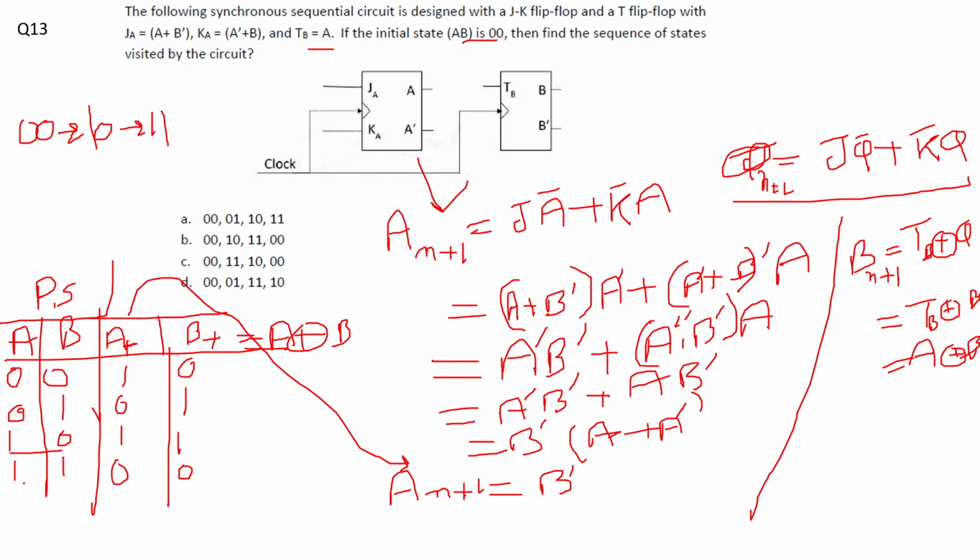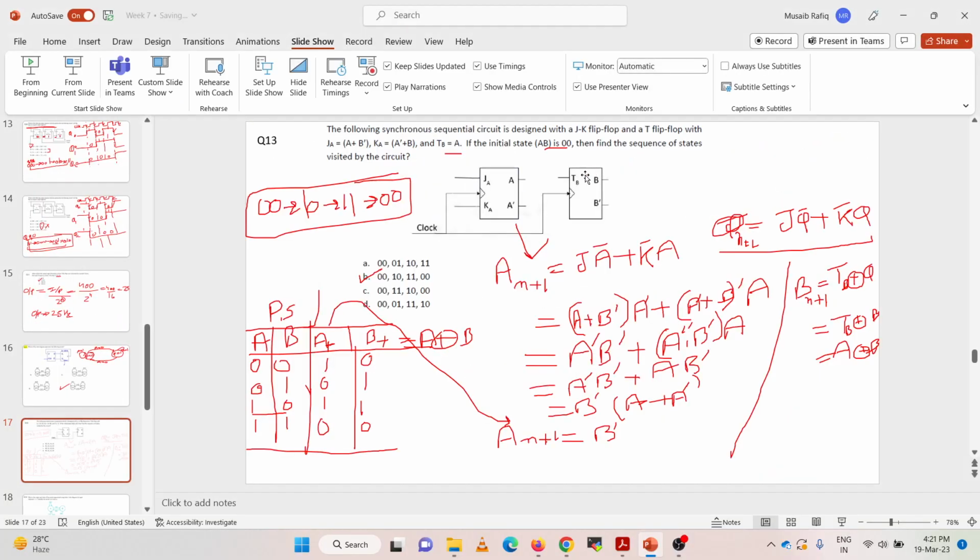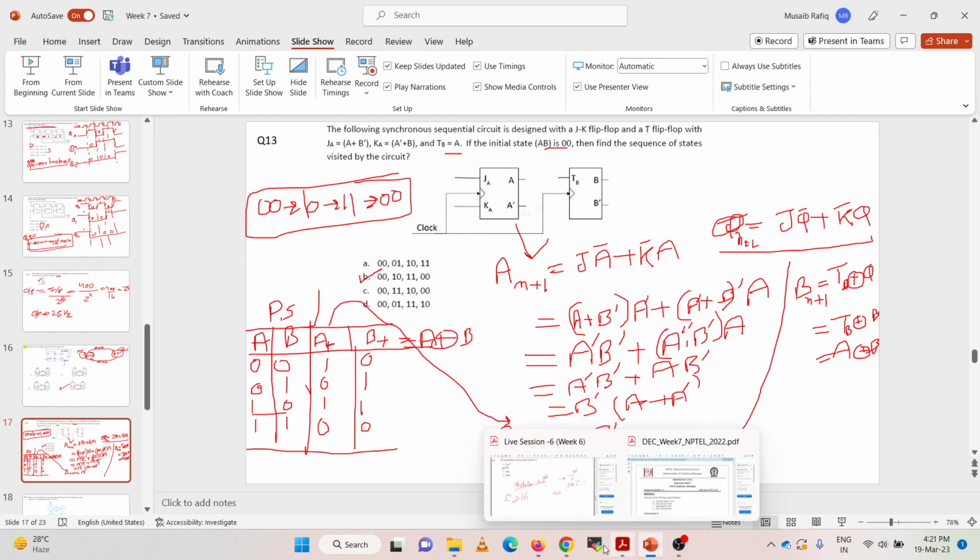Now with 11 as my present state, it will go to 00. So the sequence it will follow is 00, 10, 11, 00. So that is option B. Option B was the correct answer to question number 13.